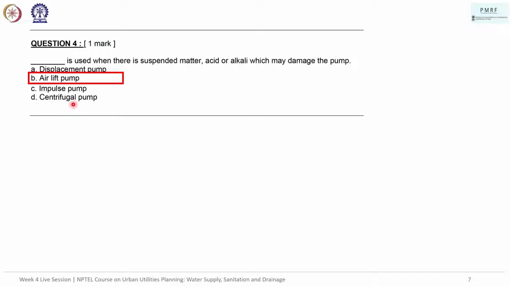In fact, in a centrifugal pump, suspended matter of bigger sizes is problematic. However, if you notice, there was one lecture on sewage distribution and the pumps involved. Centrifugal pumps there do handle suspended matter, but even then the better option is actually the airlift pump.